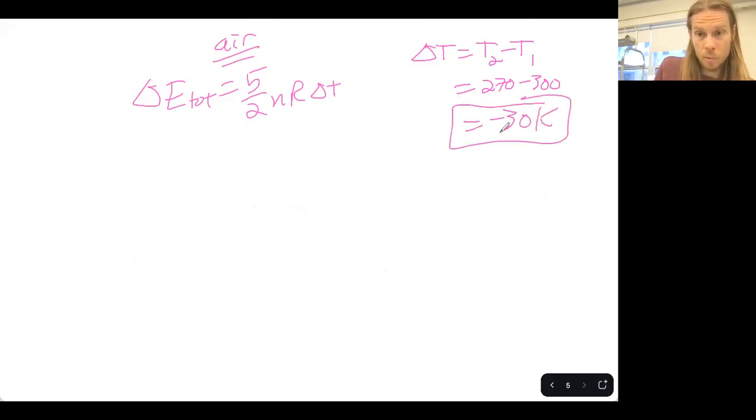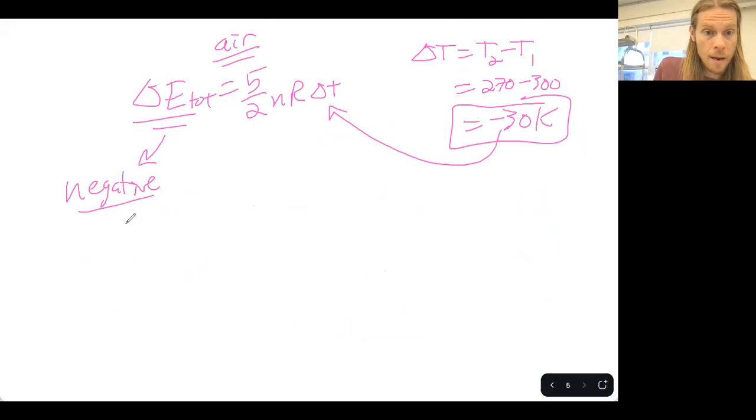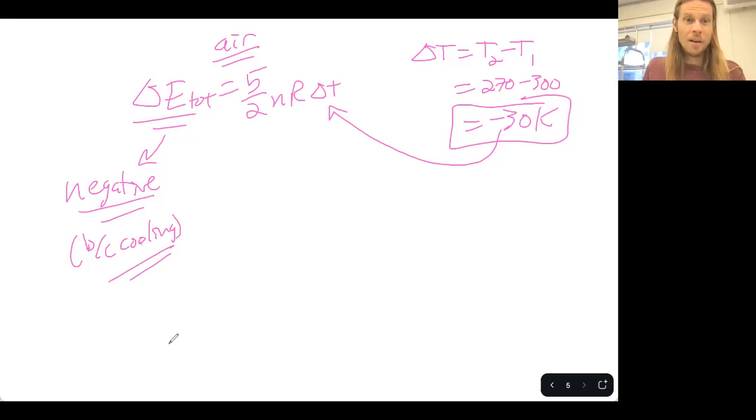Negative is important. We need to plug the negative sign in because delta E total is negative. Negative why? Because cooling. Right? It lost energy. So that negative and positive is going to be so important.